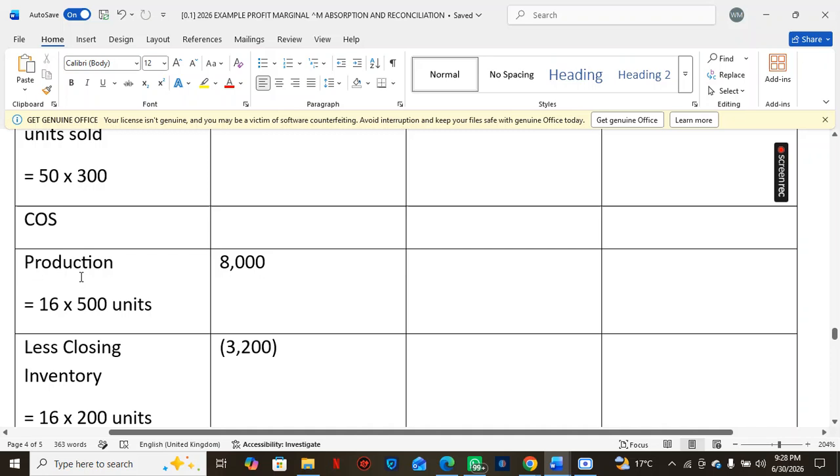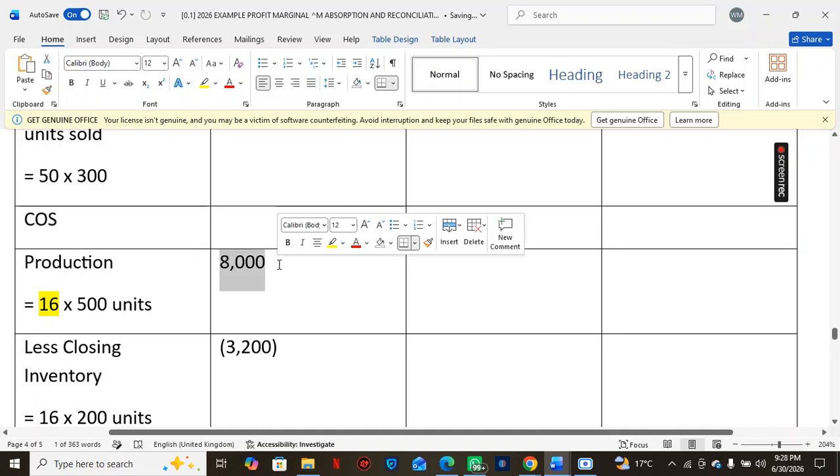So we produced 500 units. Variable cost per unit is 16 euros. So 16 times 500, 8,000 euros.